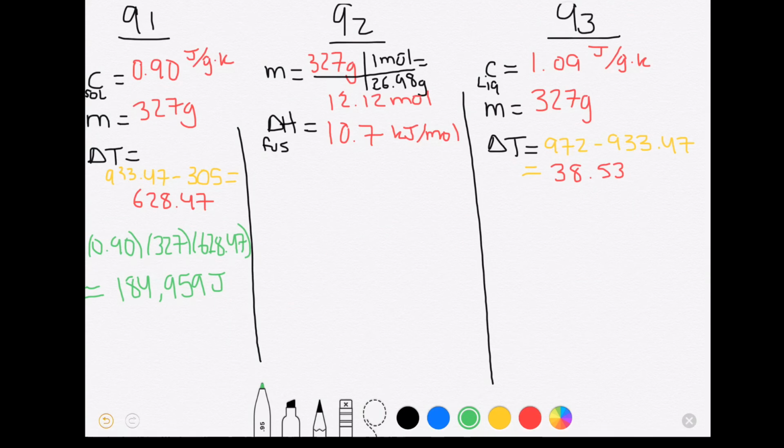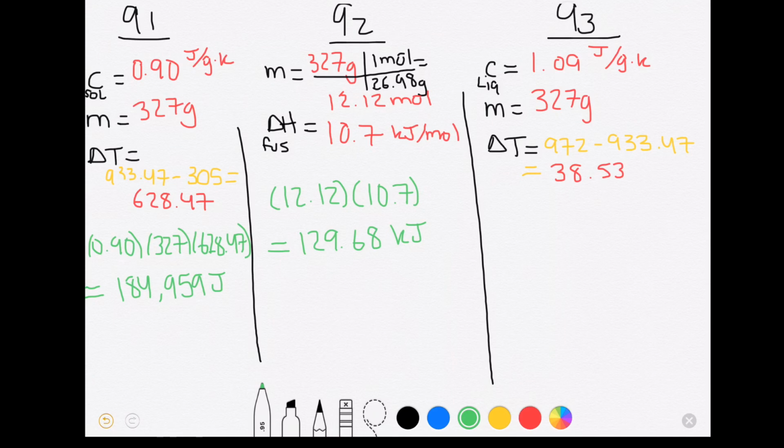For my Q2, I'm going to multiply my 12.12 moles times 10.7, and that's going to give me an answer of 129.68, and the units here should be kilojoules.